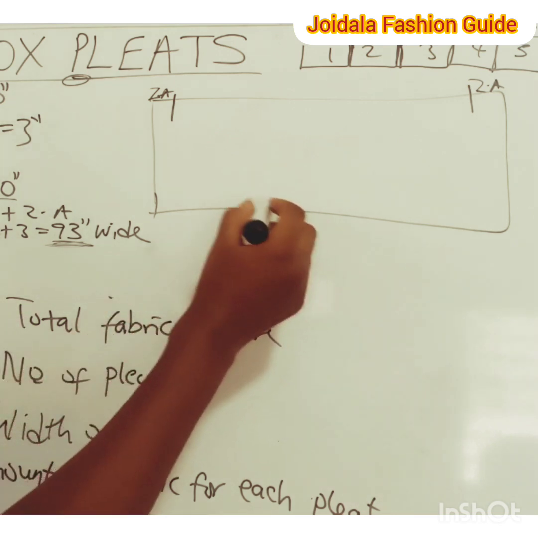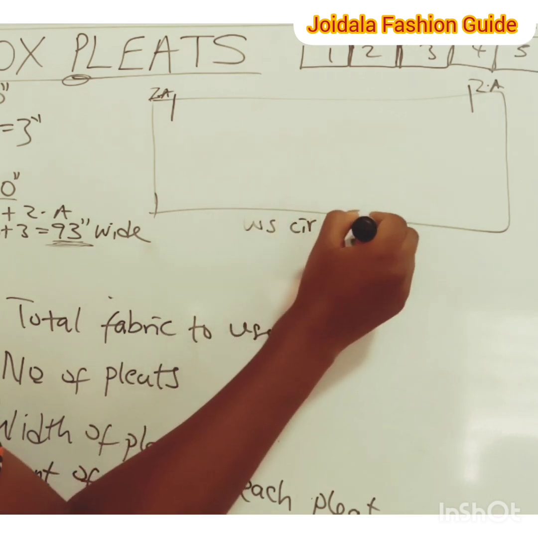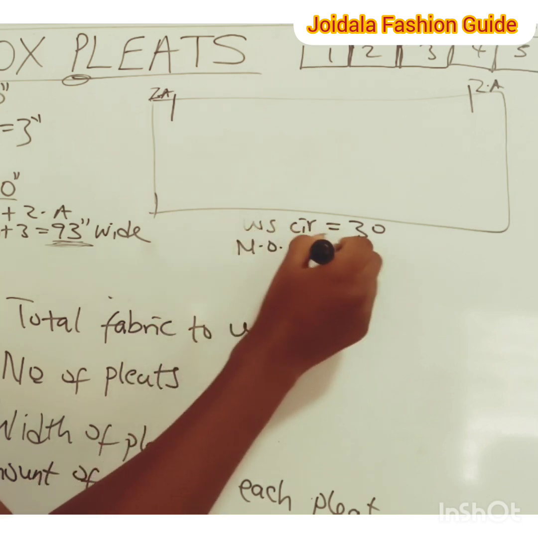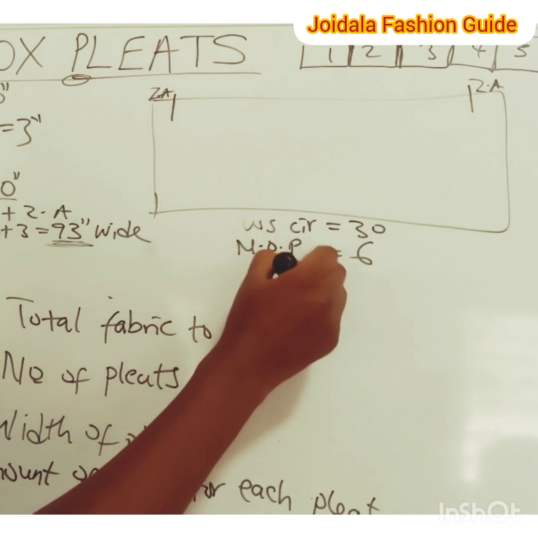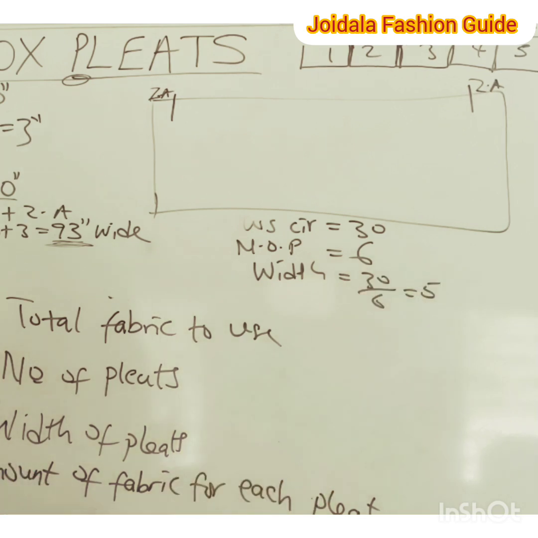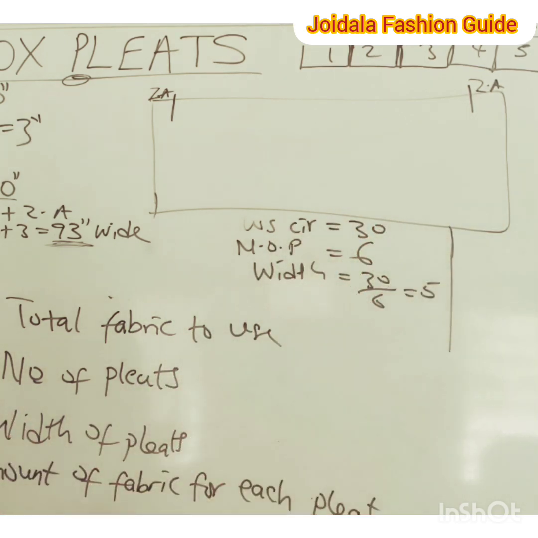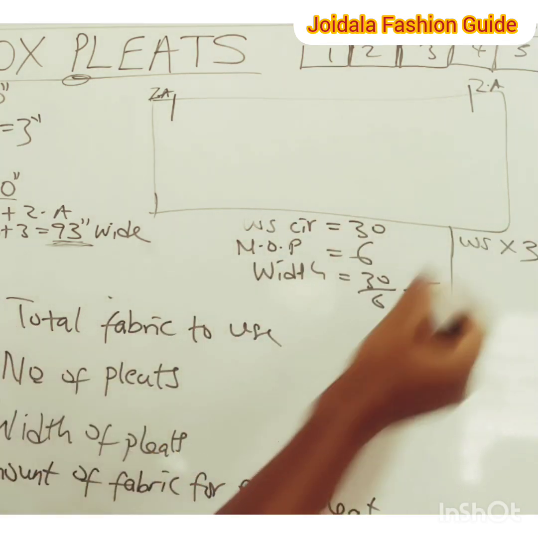So the waist circumference is 30, number of pleats is 6, and then the width of the pleats is 30 over 6, which is 5. And then for the fabric, we decide to multiply waist by 3.